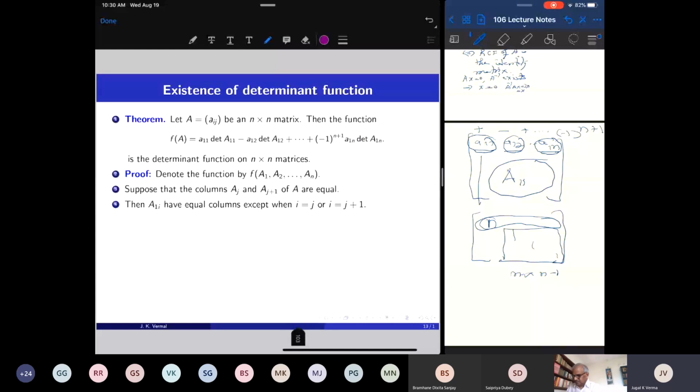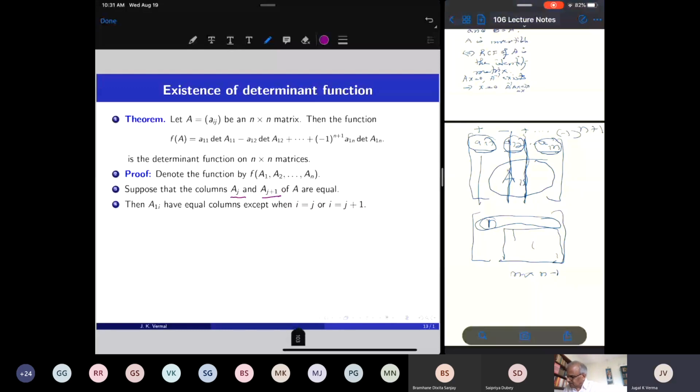First, the alternating property. Suppose A has two identical columns, Aj and Aj plus 1. Then I want to show that f of such a matrix is 0.